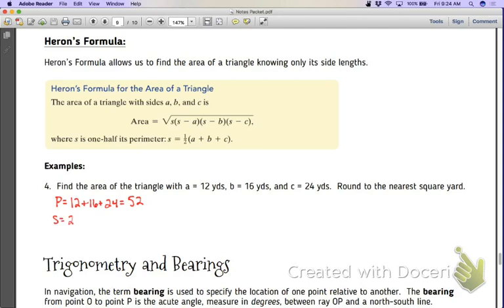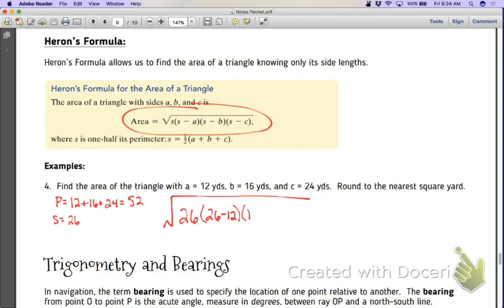So S is 26. So then again, it just becomes plugging it into my formula here. I'm going to take the square root. I'm going to have 26 times 26 minus 12 times 26 minus 16 times 26 minus 24.